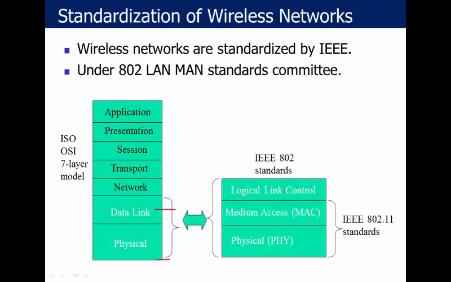Half of the data link is called media access control, so-called MAC, and the physical layer. So the MAC layer and physical layer, those two layers are standardized for 802.11. For all the other layers, presentation and session, they are similarly available, but the major difference between typical wired and wireless 802.11 is the MAC layer and physical layer.